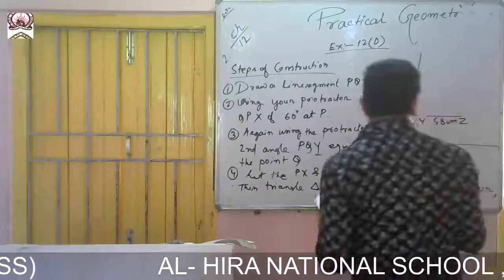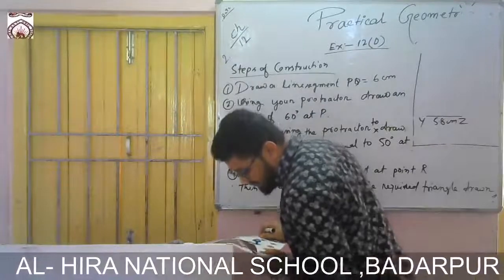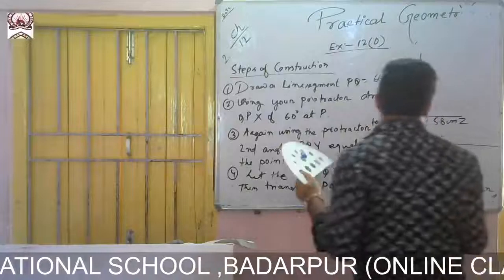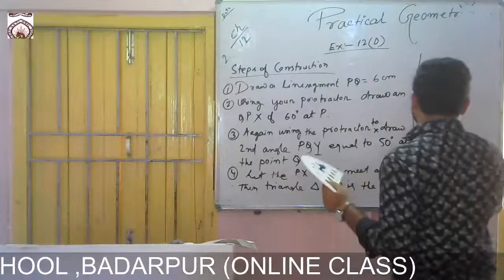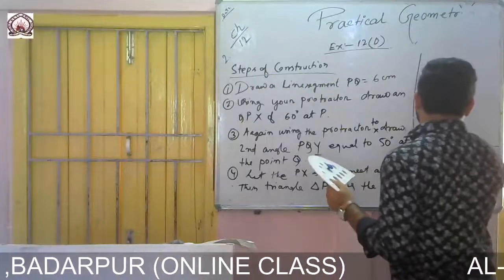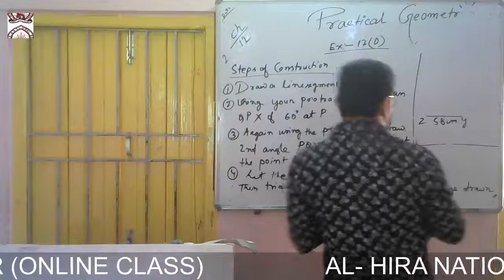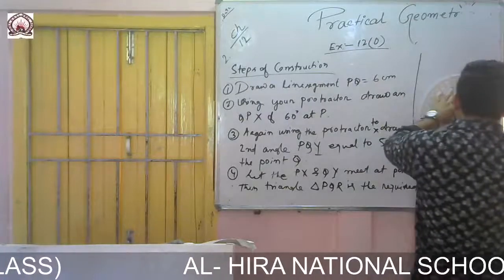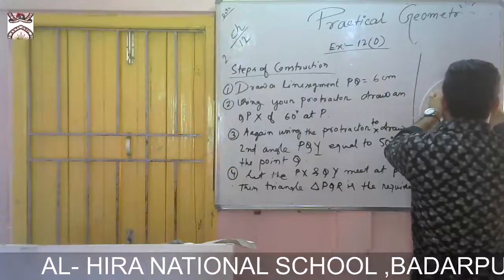One thing you do, you just place this Y here. ZY and YZ are both the same. So if I take this 100 degree from there, it will come like this.